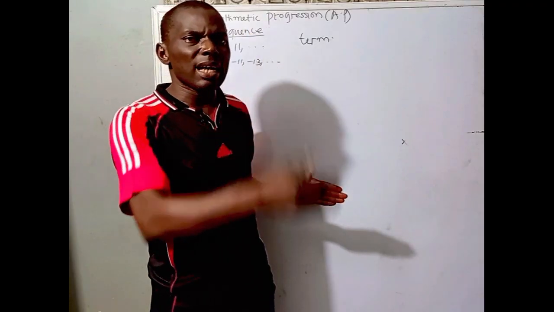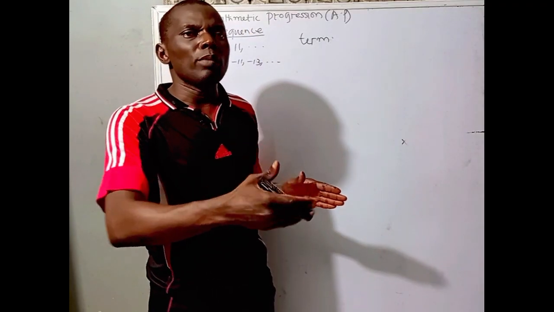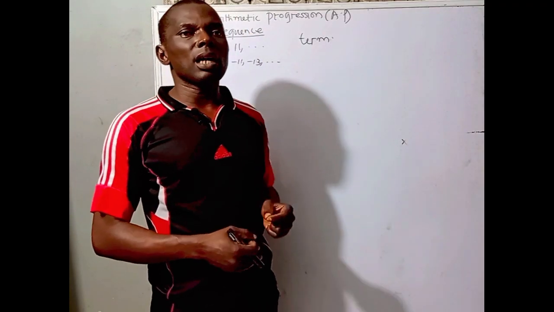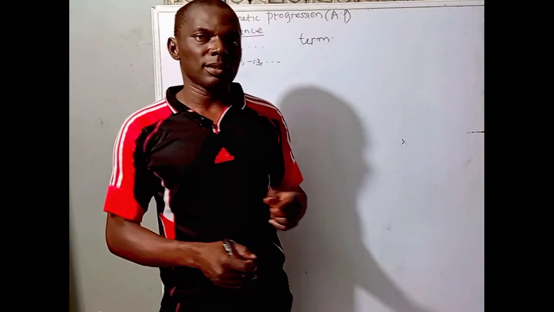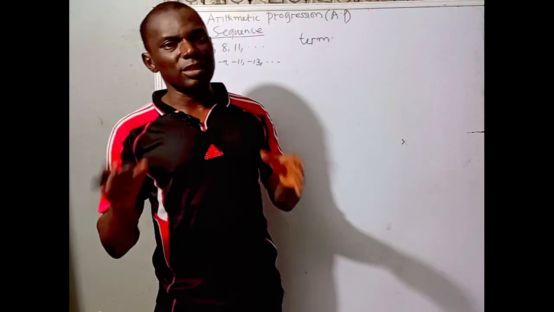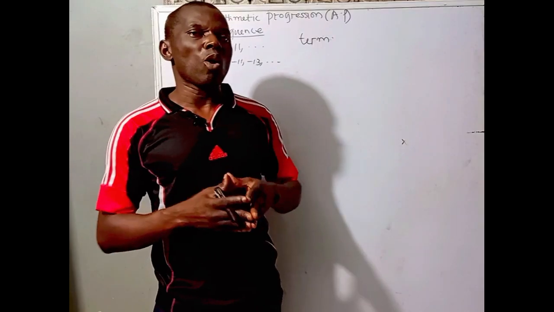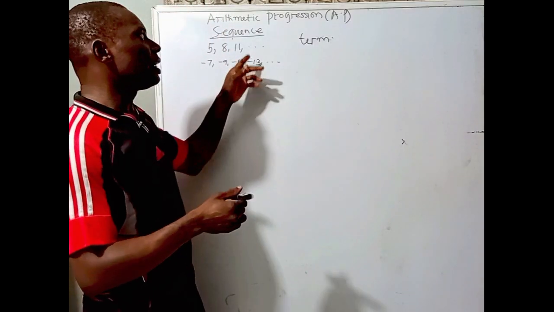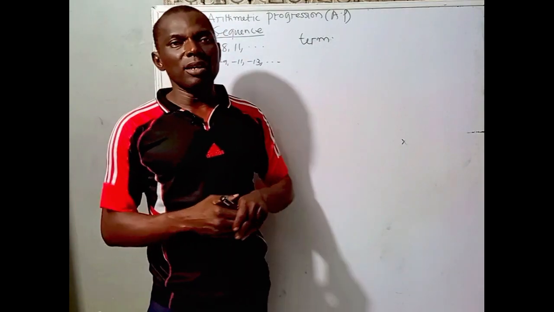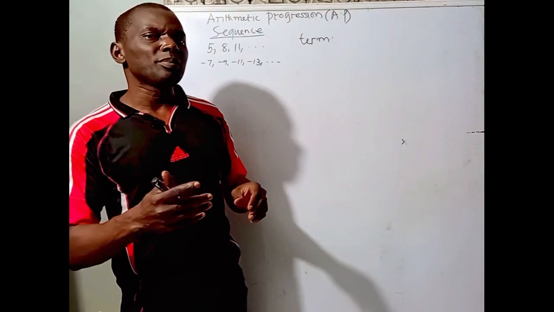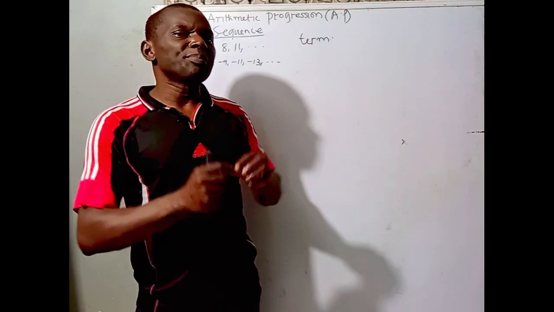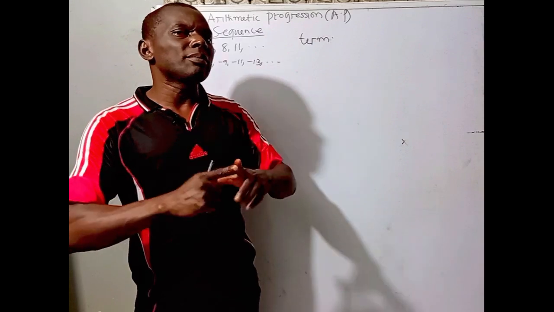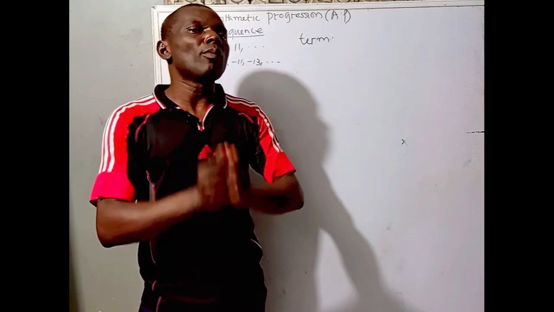So that particular number will make the next term either increase or what? Decrease. Such an arrangement or sequence or pattern is what we refer to as the arithmetic progression. And the number that you keep on adding is called a constant, and that constant is referred to as the common difference.